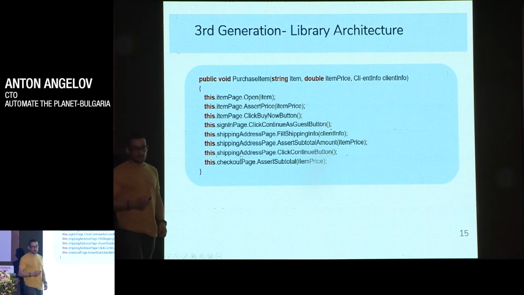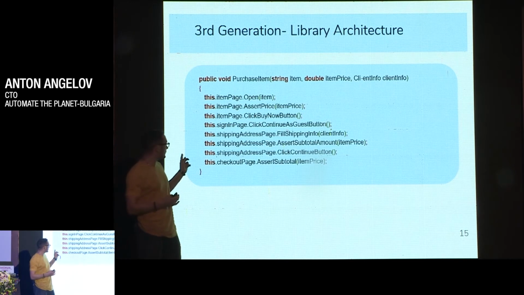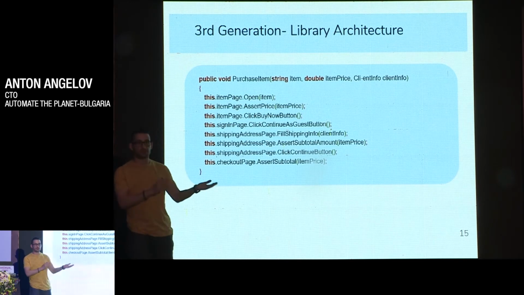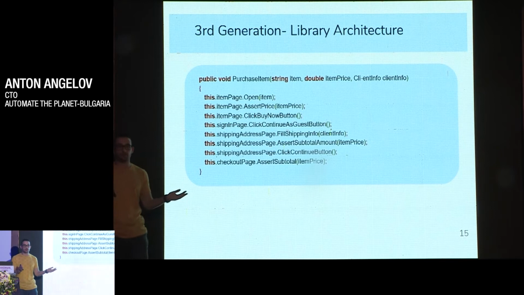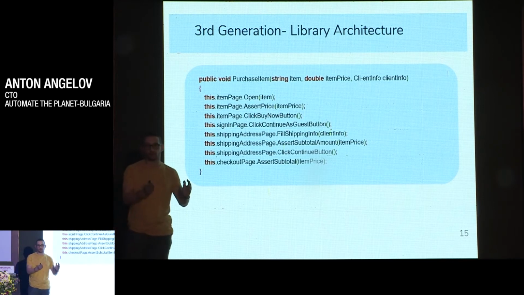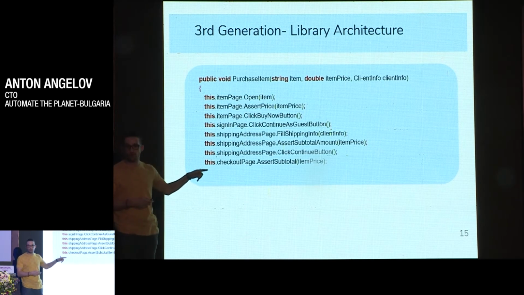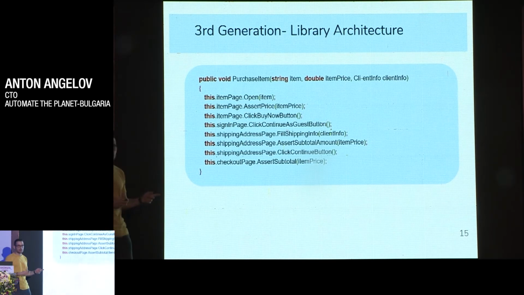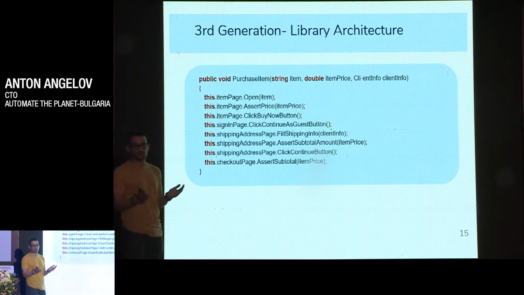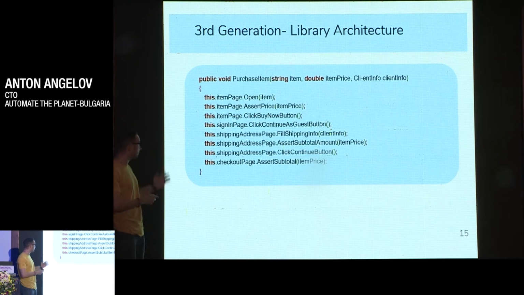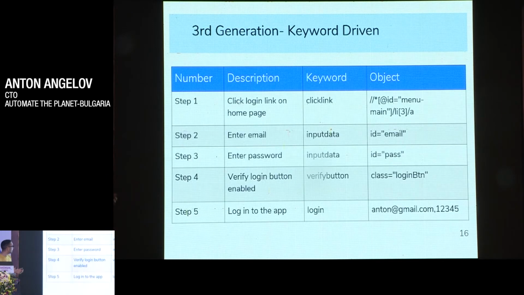So for each particular shopping cart, we have a different implementation of this interface where only the locators are different, but the workflow is defined only here. So if there is a change in the workflow, we change it only here. This is how the library architecture helps to reuse some of the steps.